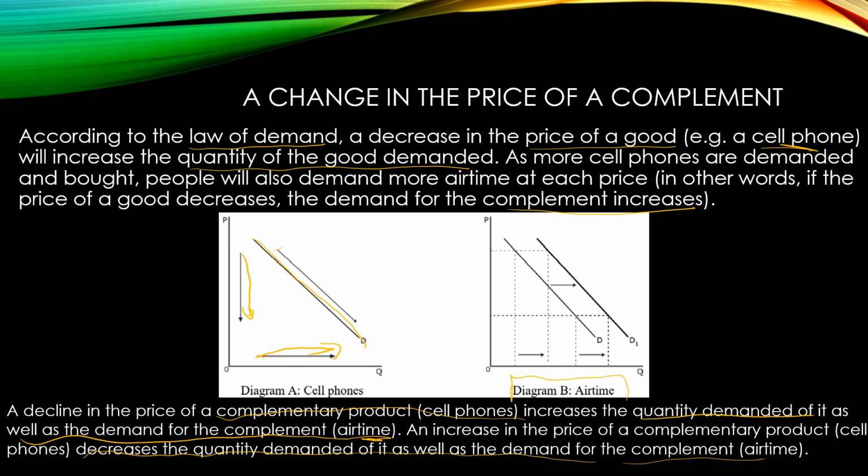It will shift to the right because as the price of cell phones decreases, the demand for airtime will increase. So quantity demanded will increase, even though the price is still the same.